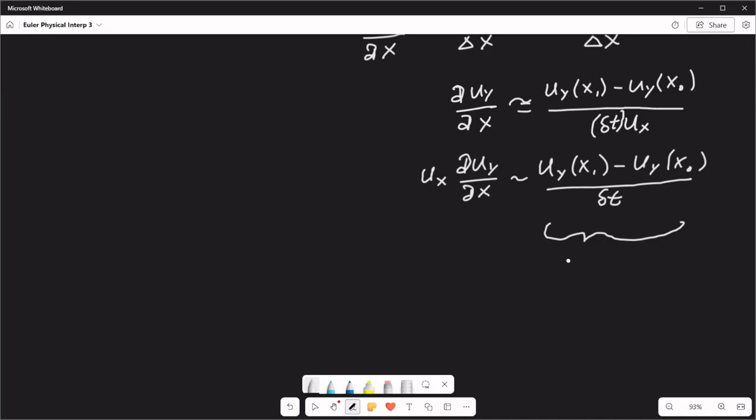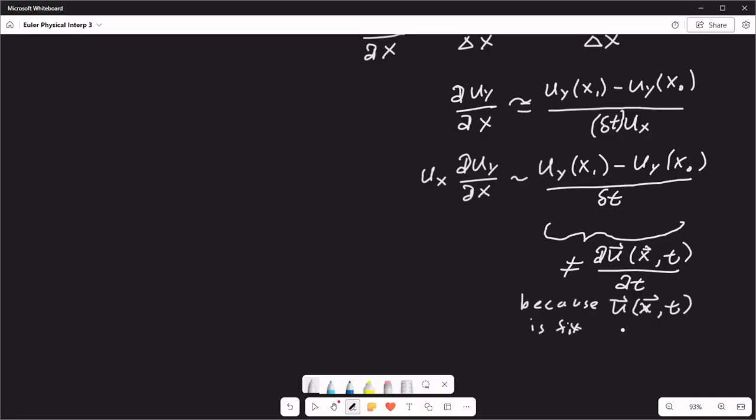This does not equal the full vector field u of x vector comma t, d dt, because u vector in this sense is fixed to the coordinate grid.